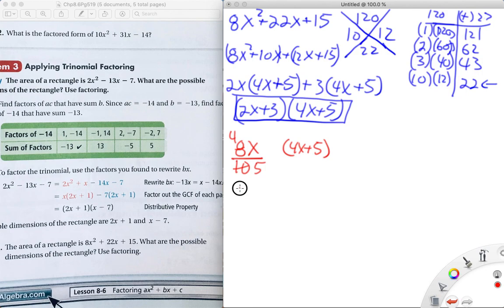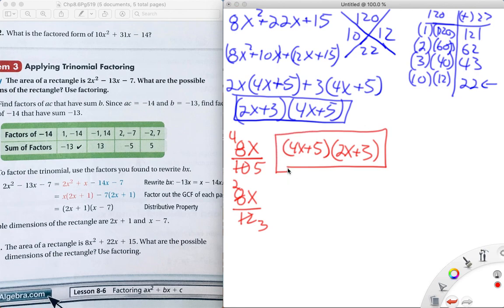Then I can also do 8x, the a term and the variable, and divide it by 12, and then simplify, dividing by 4. 12 divided by 4 is 3, 8 divided by 4 is 2. Whatever is in the numerator is the first term, 2x, and the denominator is the second term, 3. And look at that, it looks just like the first one. Again, whatever method makes you happy. I think either one of these two is equally effective.